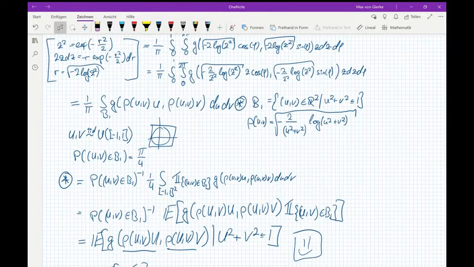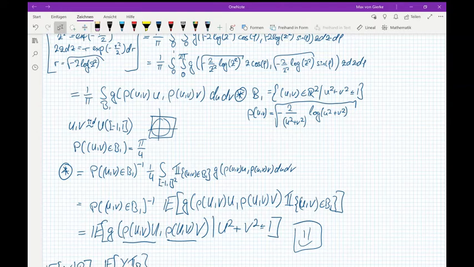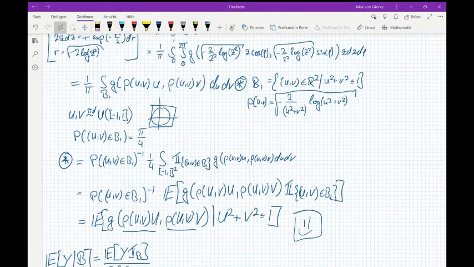And this might be even shorter than the version where you show that it's equivalent to Box-Müller, because you have to show quite a few things there as well. Yeah, so this is it.